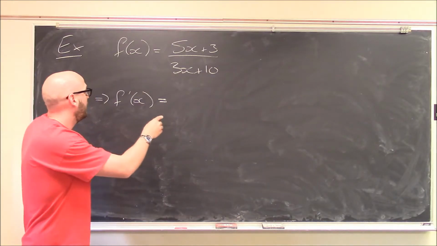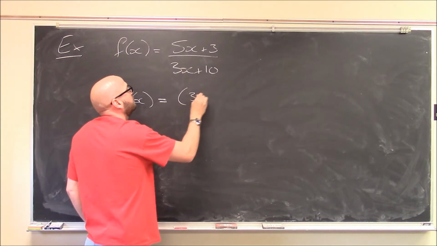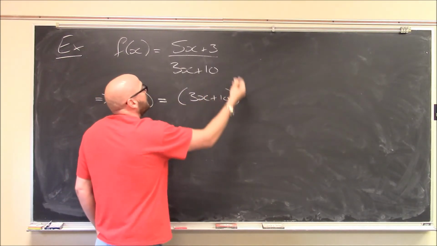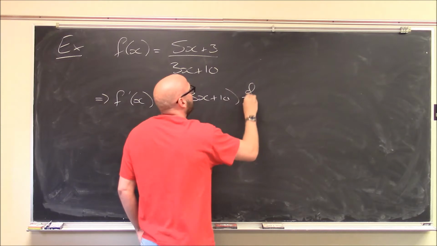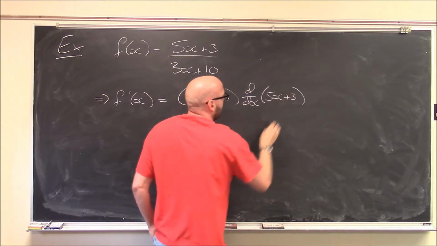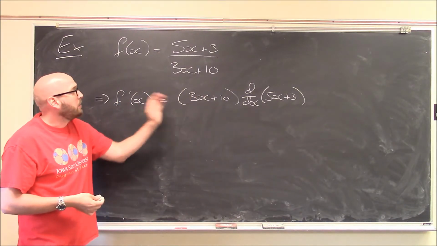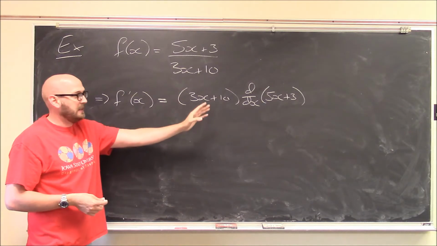So we've got, what is it? It's the bottom times the derivative of the top, right? It's low d high. So the bottom, 3x plus 10, times the derivative of the top. And again, it's not too hard to do this in situ on the fly, just differentiate that as you go. But I'll write down all the steps, right? So we're not actually doing any calculus right here.